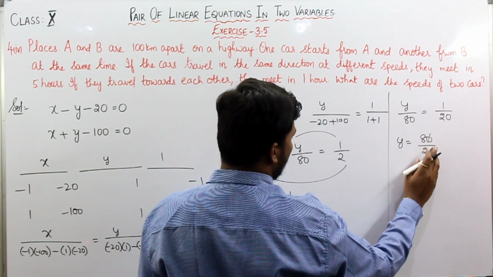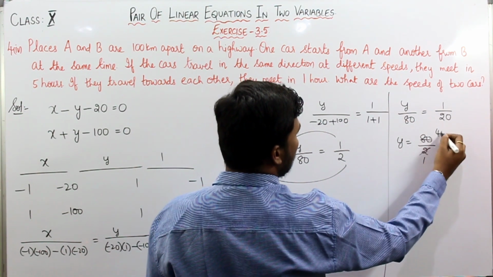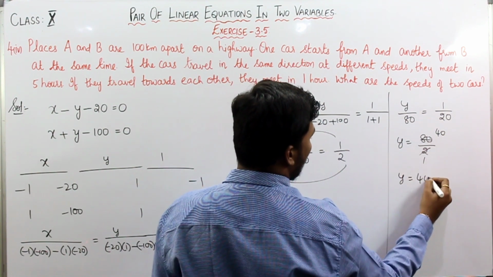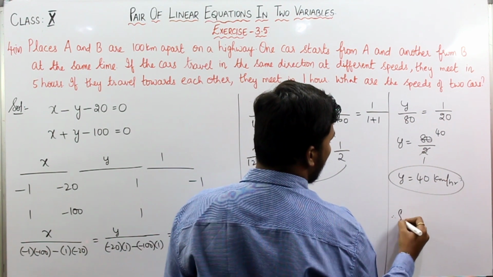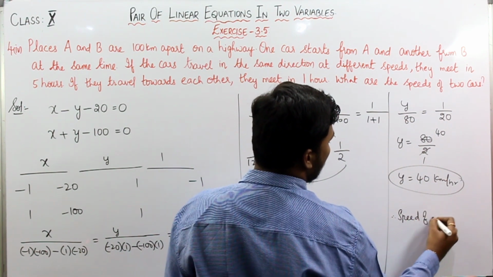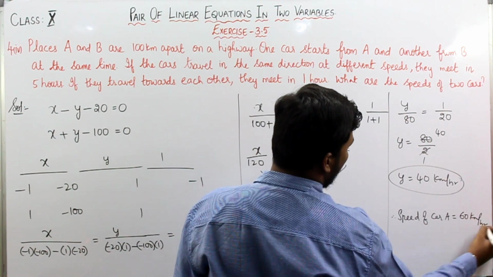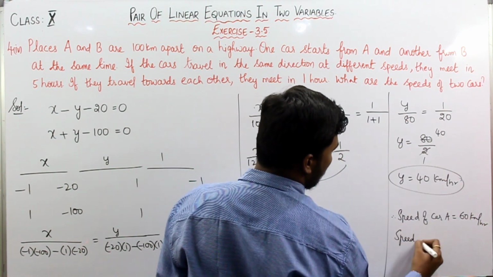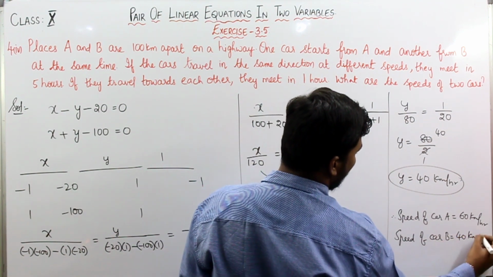Oh, 80 by 2 it is, sorry. 80 by 2, 2 fours are 8, 2 forties. So y is equal to 40 kilometer per hour. So therefore speed of car A is equal to 60 kilometer per hour, and speed of car B is 40 kilometer per hour.